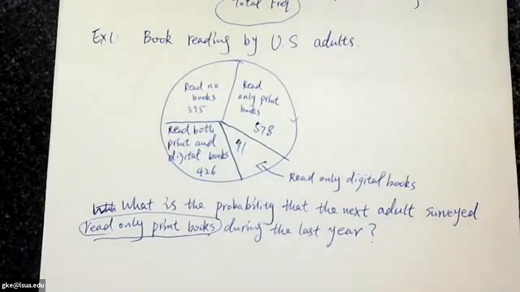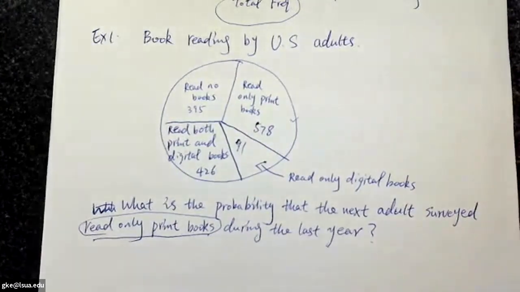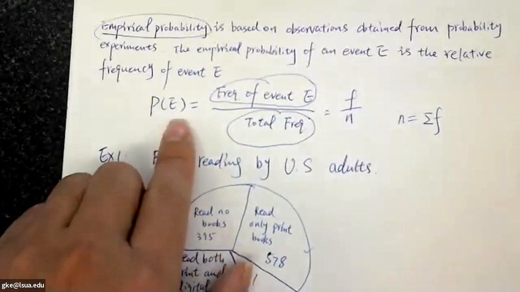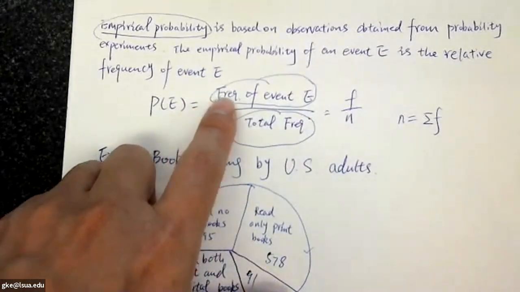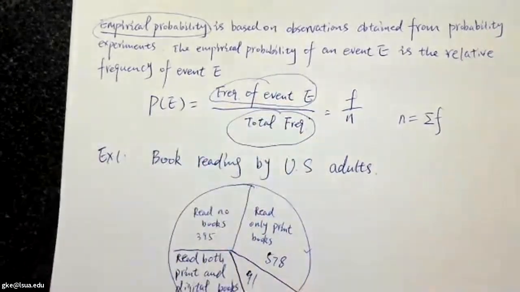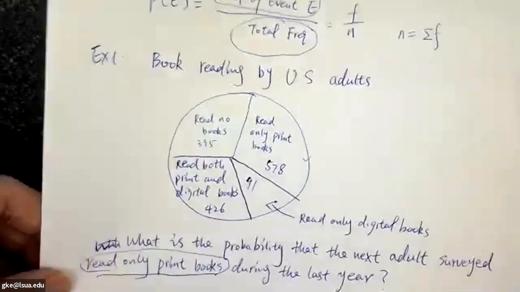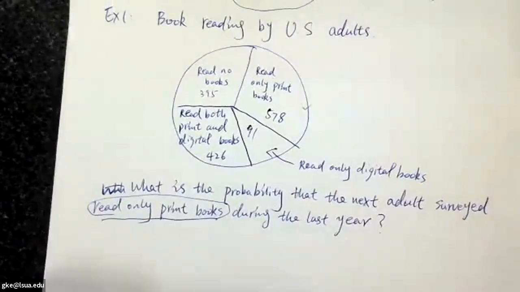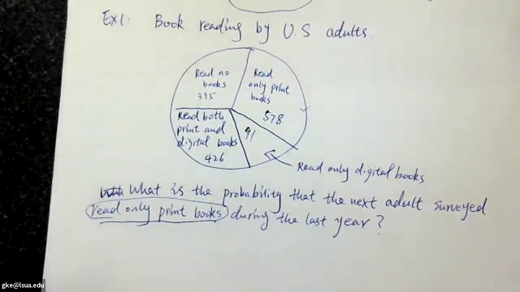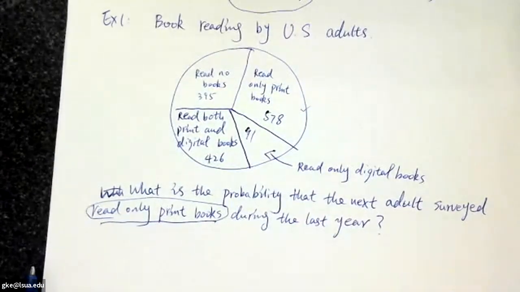Based on the formula, it's the frequency of event E divided by the total frequency. So I have a question: what is the total frequency? Does anybody know it, including the students on the Zoom?